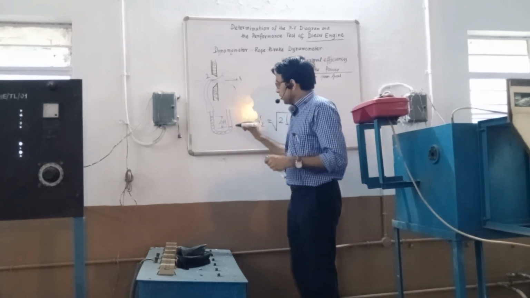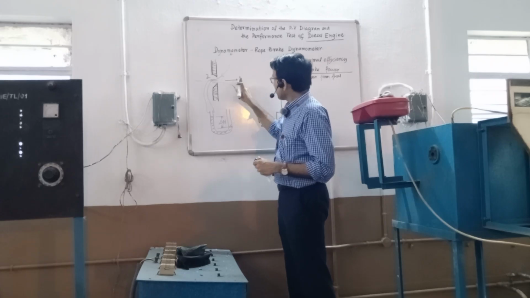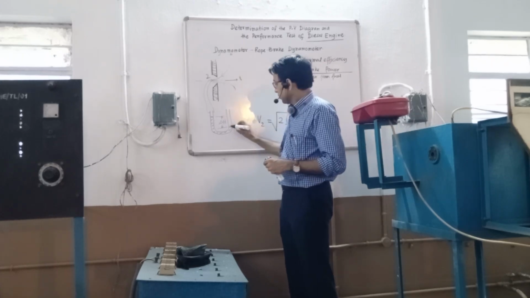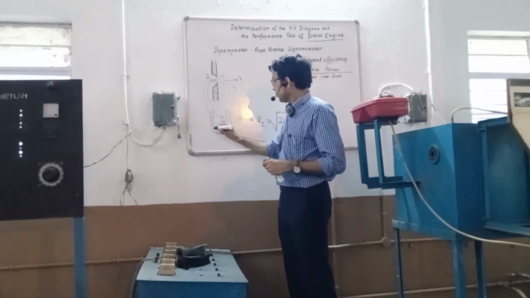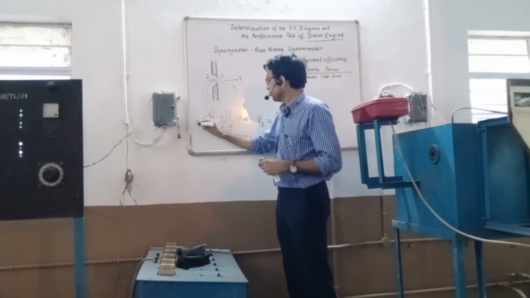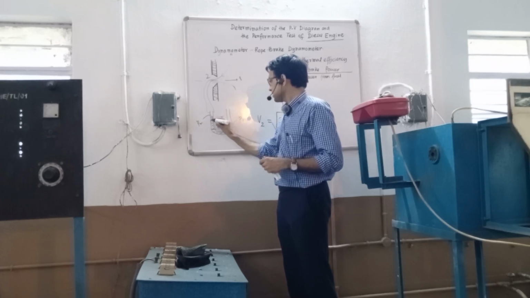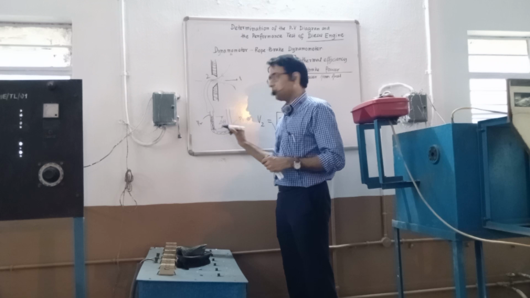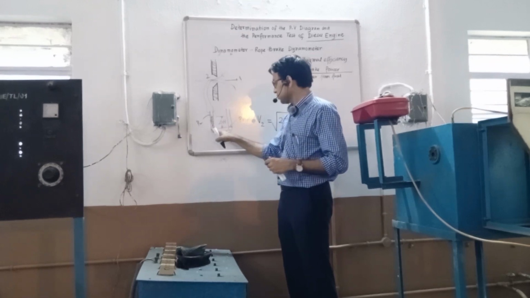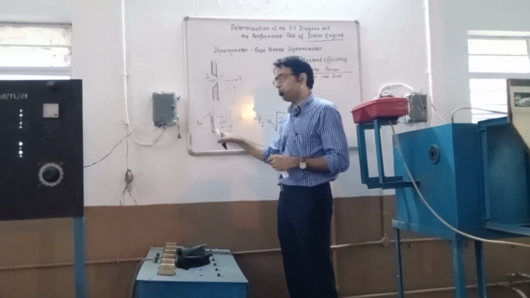Therefore, what is the pressure here? The pressure here is the same as the pressure here. This is P1, and here it is P2. You see that this is the extra level of water. The pressure here is also P1 because this is connected by the same fluid.